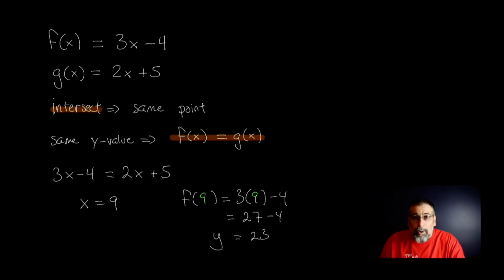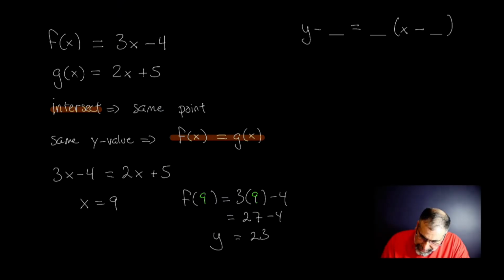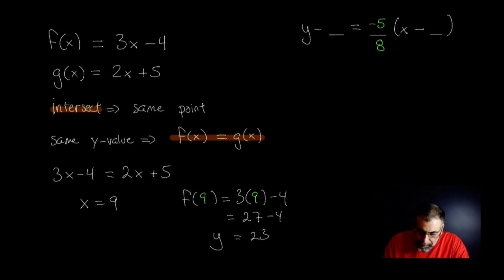Now remember, we're building the equation of a line, and we all know what to think when we hear that: equation of a line. We're all going to say y minus blank equals blank times x minus blank. From earlier in the problem, we found the slope. We know that it's negative 5/8. Now all we had to do is get the point. Well, that's where the intersect came in. We found the point.